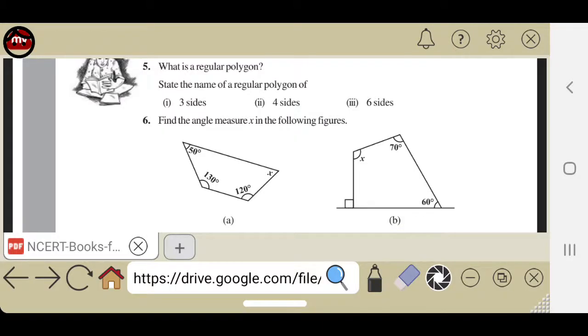Then one more figure is given there. That also has 1, 2, 3, 4 sides. It is also a quadrilateral.